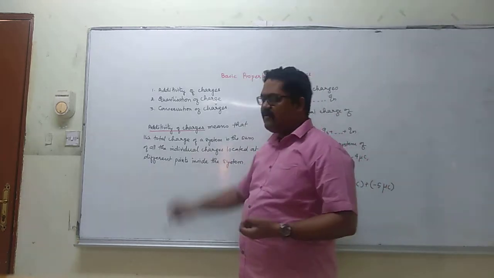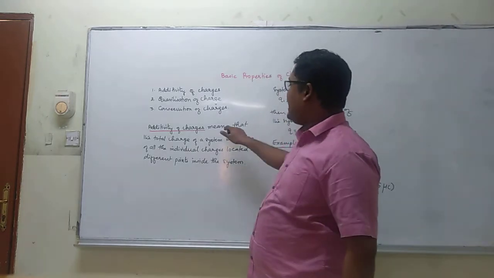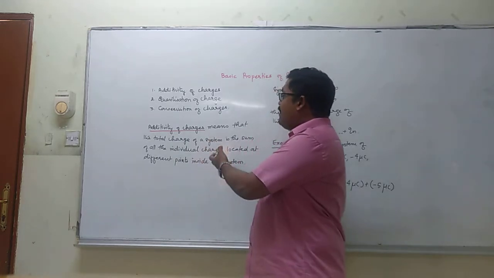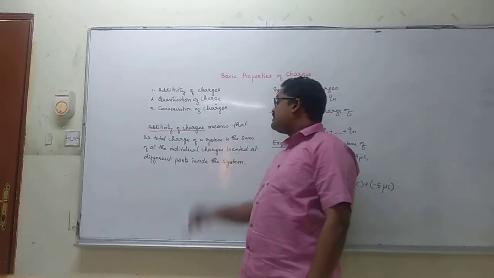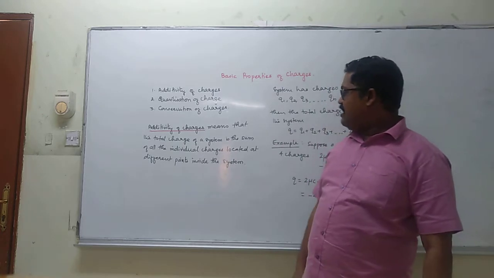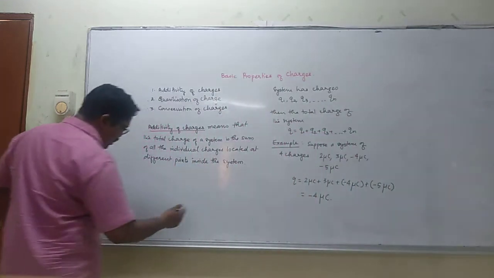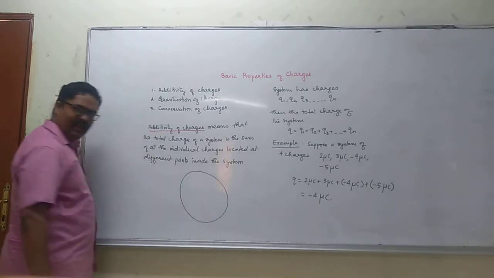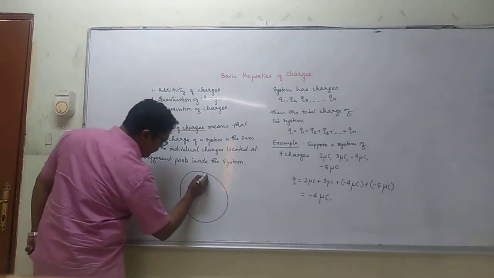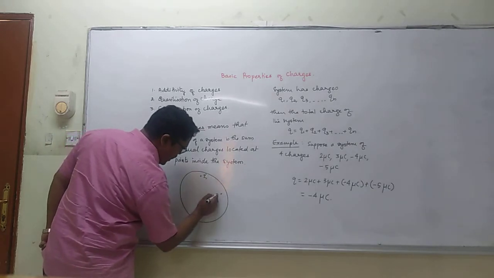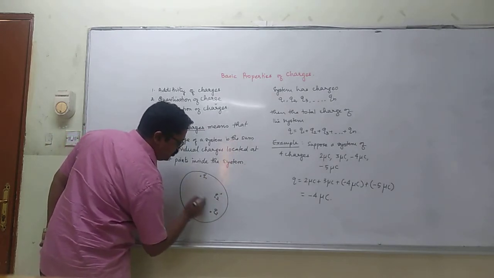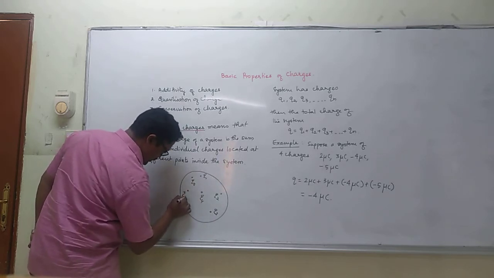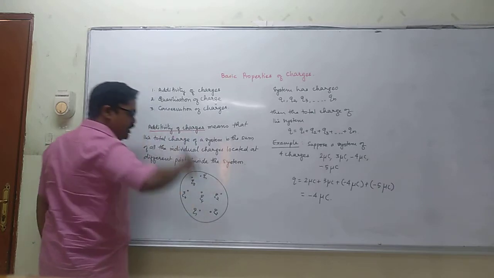So the first thing, additivity of charges, says that the total charge of a system is the sum of all the individual charges located at different points inside the system. Suppose this is a system, and this system is made up of different charges Q1, Q2, Q3, Q4, Q5, Q6, Q7 till Qn.